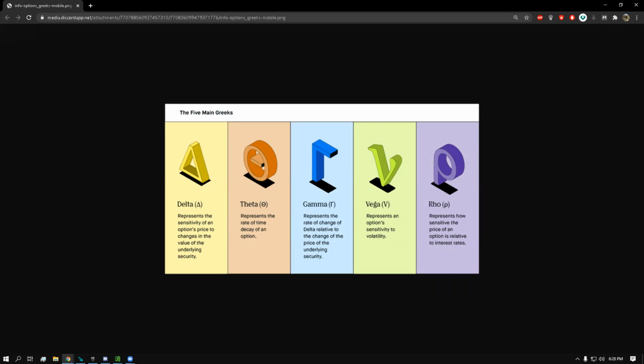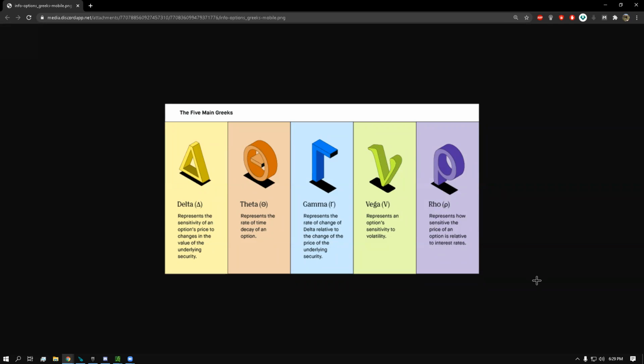All right, so whenever we look at any options contract, guys, we're looking at four main things, right? We're looking at delta, theta, gamma, and vega. Rho is about interest rates, and that doesn't really apply to short-term options traders, and definitely doesn't apply now that the interest rates are being kept at zero.